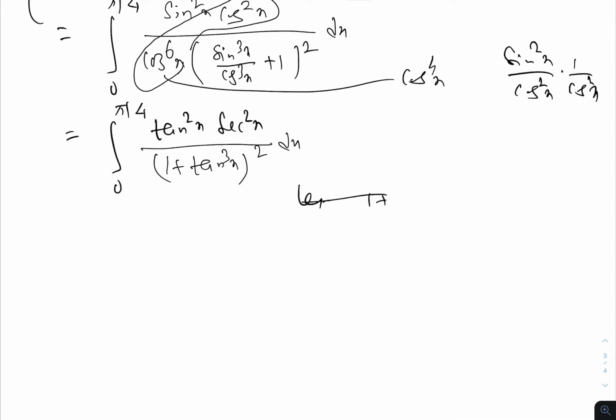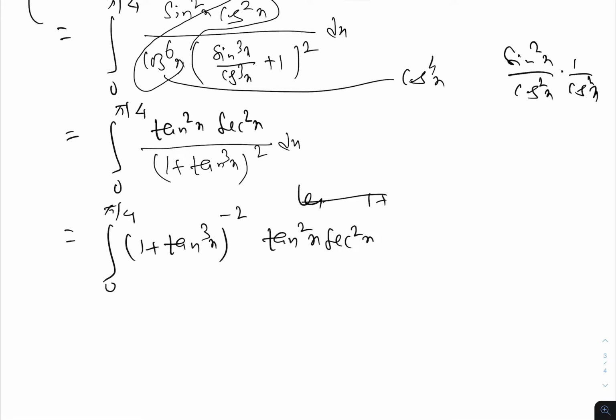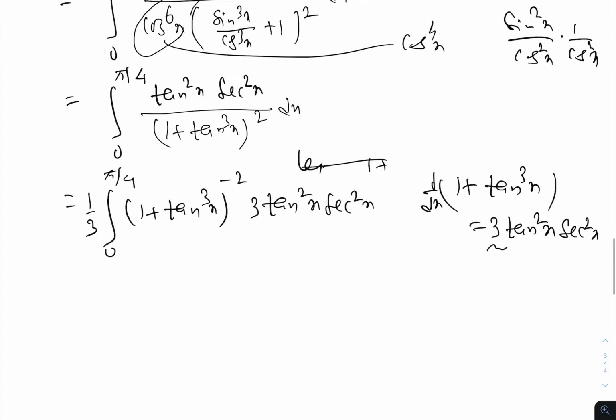Okay, and now this is easy, so you can take again the same kind of formula that we are having. We can say this is like 0 to pi by 4, (1 plus tan cube x) power minus 2, and this is tan square x sec square x. What is the derivative of 1 plus tan cube x? That is nothing but 3 tan square x, and the derivative of tan x is sec square x. So we multiply by 3 and we divide by 3.